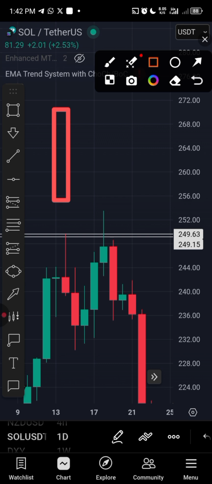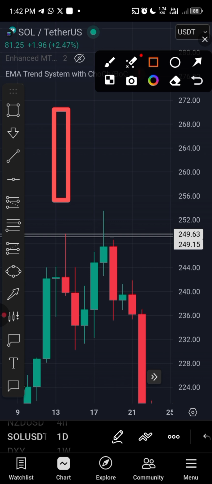In 1 day, how many hours do you have? 24 hours. When you expand a 1 day candlestick, you have 24 1-hour candles inside. And when you open it up for the 4-hour, you have six 4-hour candles inside the 1 day candlestick.